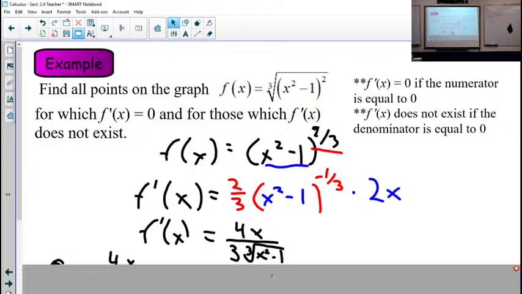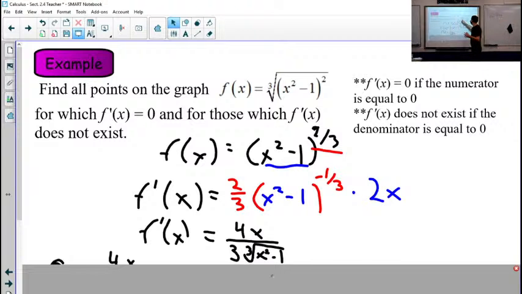Good so far. So first off, we're looking for where this is 0. Where is this 0? When x is 0, because that's when the top is 0.